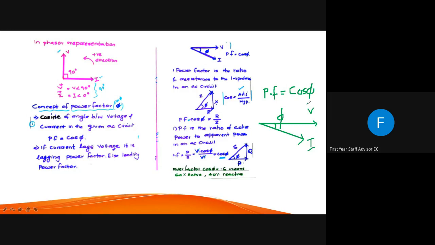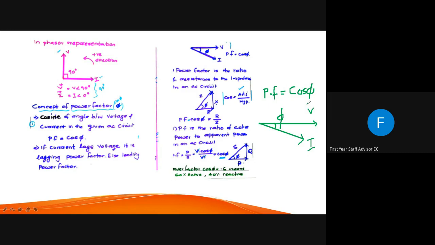So what they will normally do is add a capacitor in parallel to this load in industry, for example in a rice mill, because they are using heavy motors. They will keep a small capacitor box near their meter or switchboard.